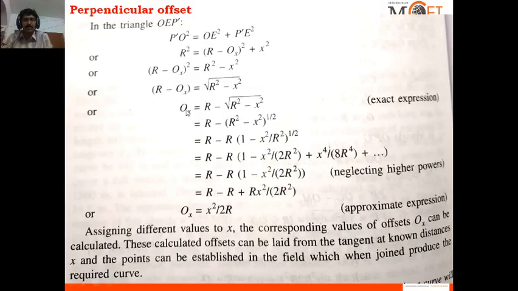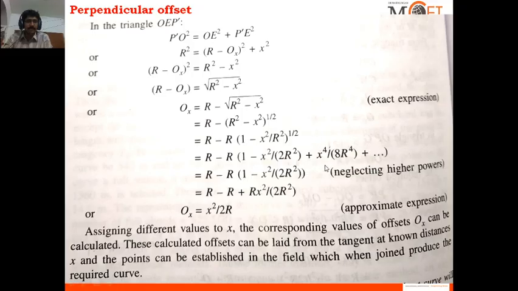There the expression is, for the radial offset, root of R square plus x square minus R. Here the expression is R minus root of R square minus x square, right? So this is the difference. This has to be used for the calculation. For the approximation, again we take the same square root combination and expand the expression.